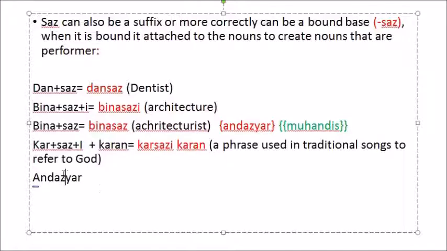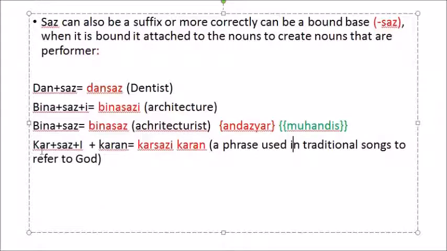So anyway, architect is binasaz or andazyar. In Kurdish, we also use an Arabic word for it, which is muhandis. Anyway, so muhandis.